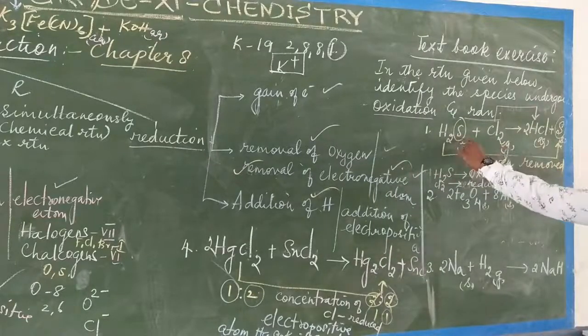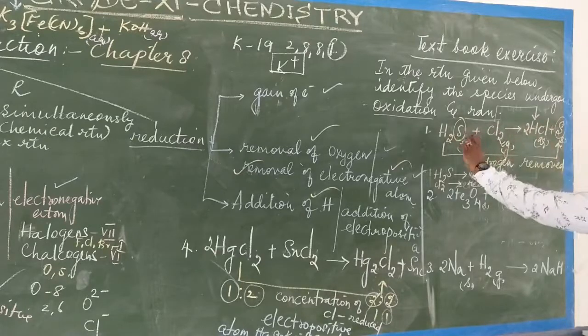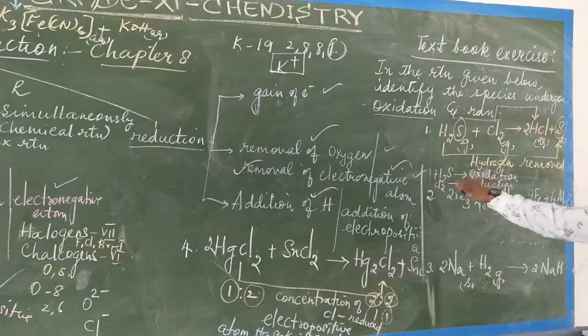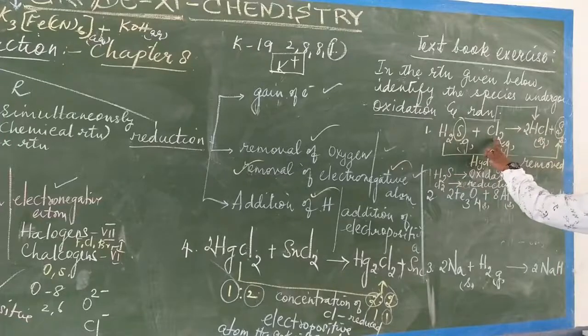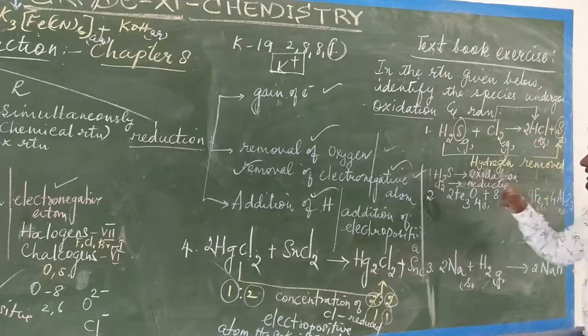H2S becomes S, from which hydrogen has got removed, and that is oxidation. Chlorine becomes hydrochloric acid, so chlorine and hydrogen add up, and we call it reduction. So here it is oxidation, and here it is reduction.